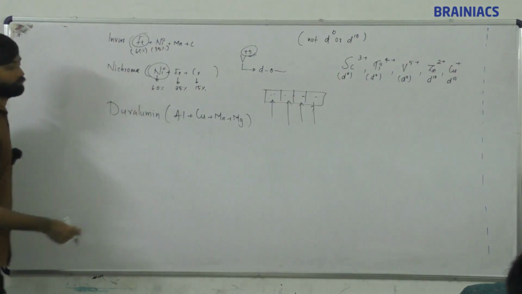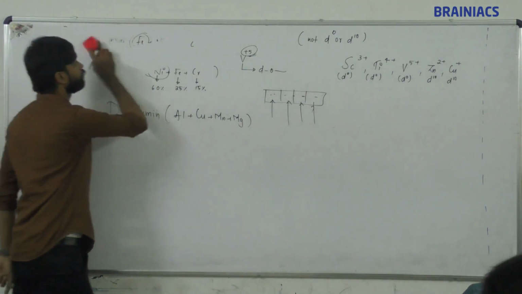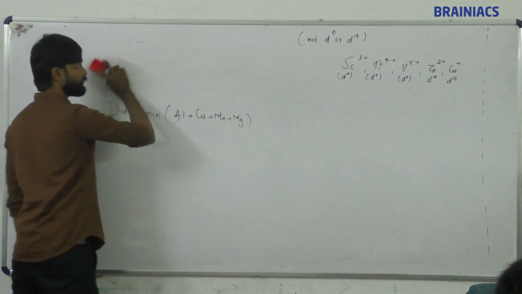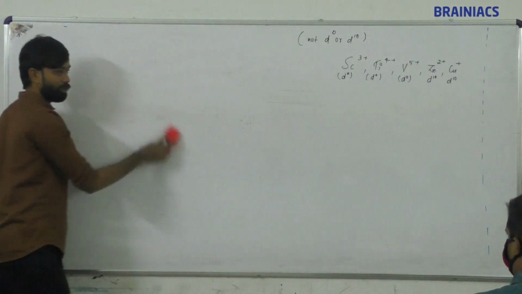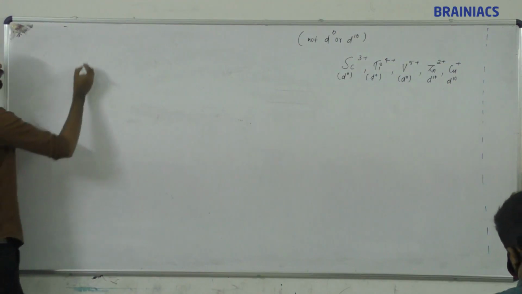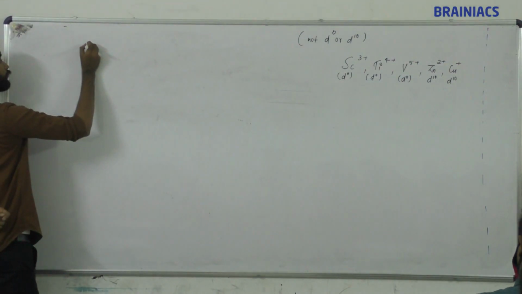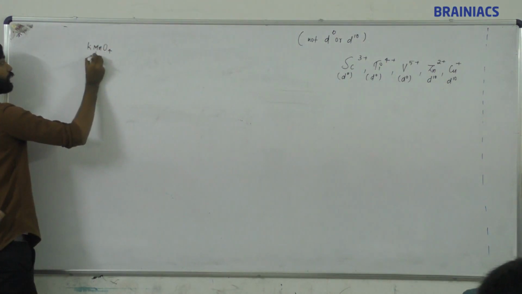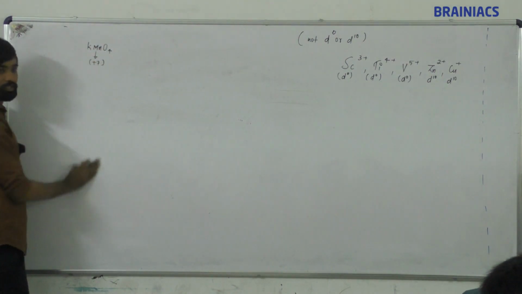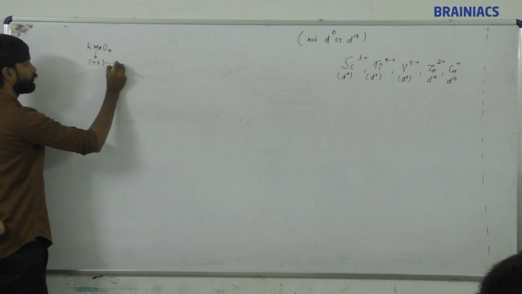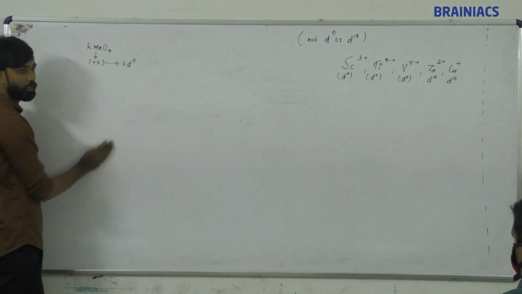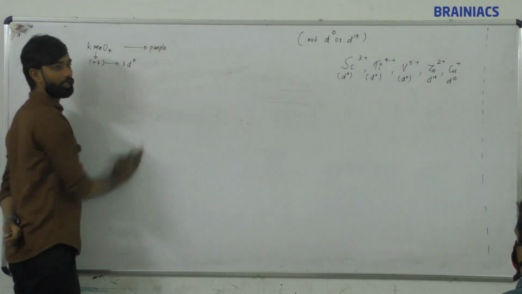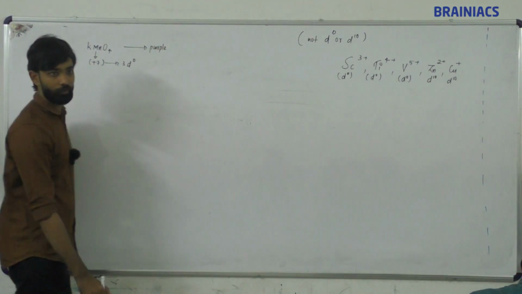But there is an exception or a secondary phenomenon. In case of KMnO4, manganese is in the +7 oxidation state, right? The configuration is 3d0, but it has a purple color.